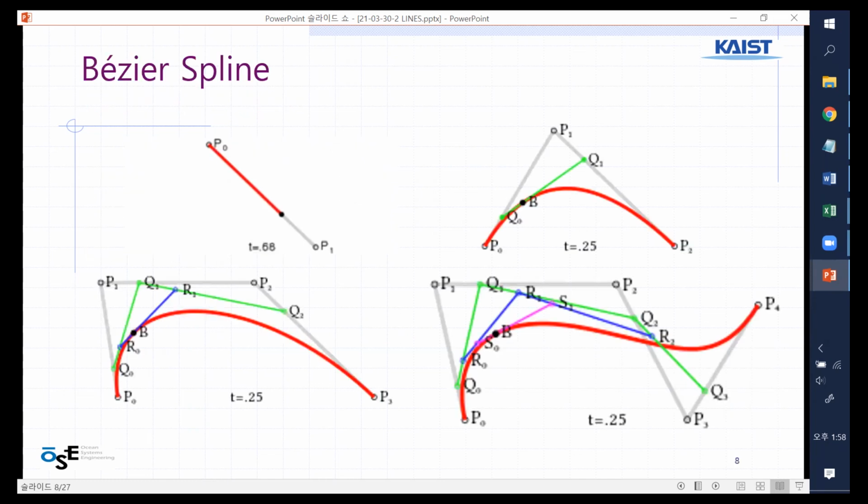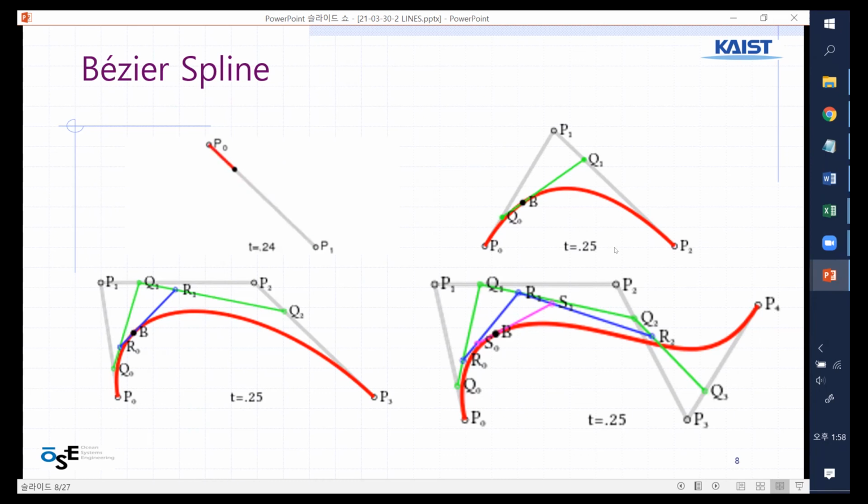The Bezier spline is built using, how can I say, control points. This is a linear Bezier spline, but at the right-hand bottom there is a cubic one, and that gives you how many points. P is the control point: P0, P1, P2, P3, P4.